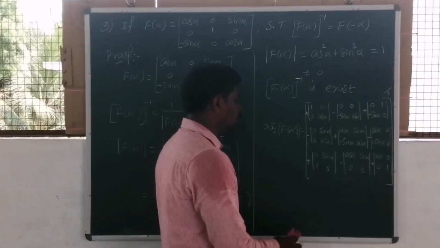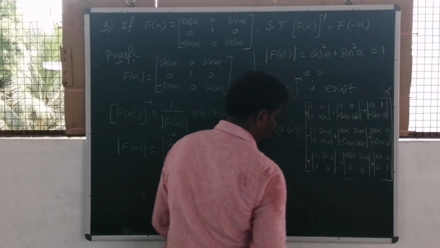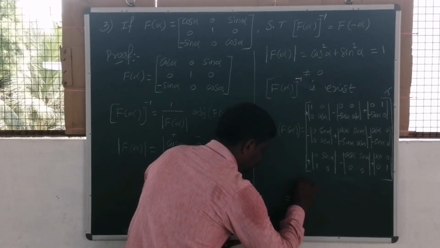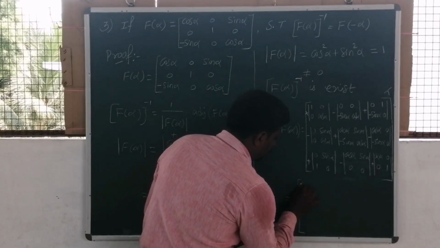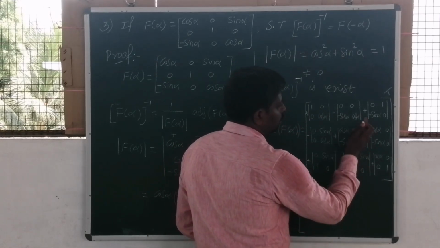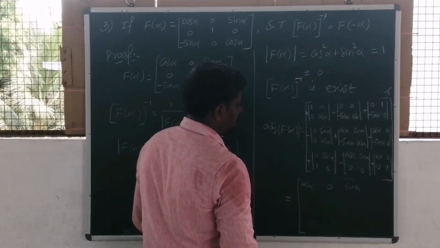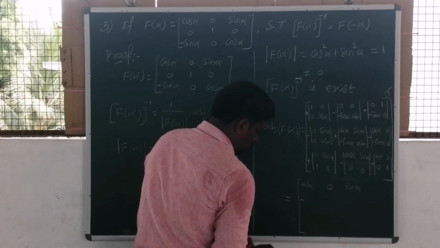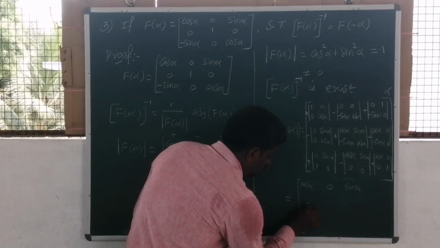Now we simplify all the 2 cross 2 determinants inside the matrix. The adjoint of f of alpha is equal to: the first 2 cross 2 determinant is cos alpha minus 0, the second one is 0 0 minus 0, the third one is 0 minus of minus, plus sin alpha. In the second row, 0 0, so 0 is neutral, neither positive nor negative, so we just write 0.